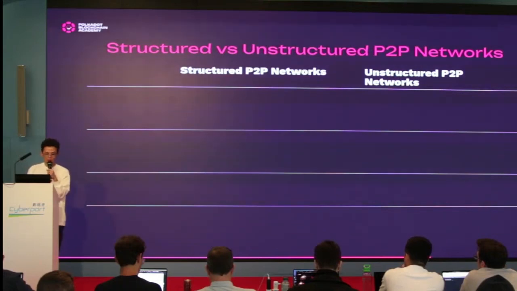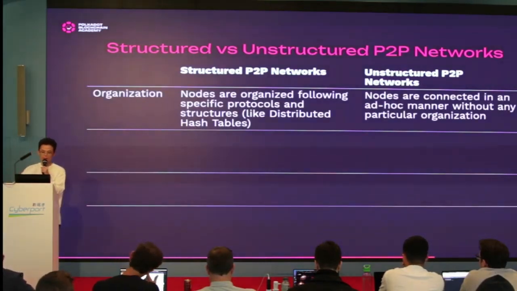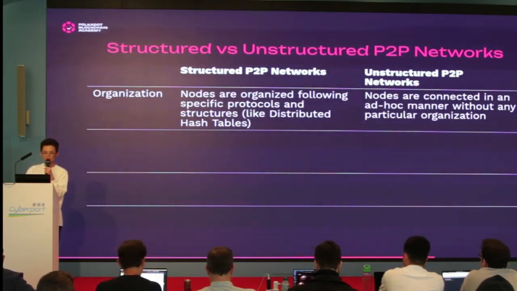And if we are talking about the current blockchain network, I have to say it's kind of structured. Regarding the difference between structured and unstructured peer-to-peer networks, in terms of organization, the nodes in a structured peer-to-peer network are organized following specific protocols and structures.